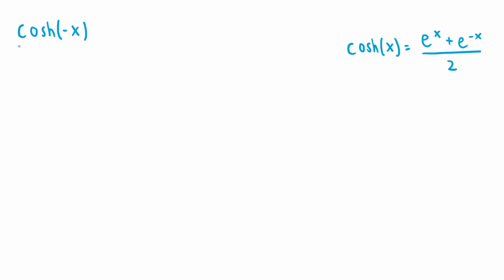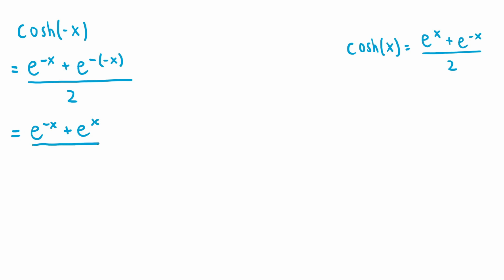So the proof for the identity cosh of negative x equals cosh of x is quite similar. We start with cosh of negative x and plug negative x into the definition of cosh of x. So this becomes e to the negative x plus e to the negative parentheses negative x all over 2. And this just simplifies to e to the negative x plus e to the x all over 2.